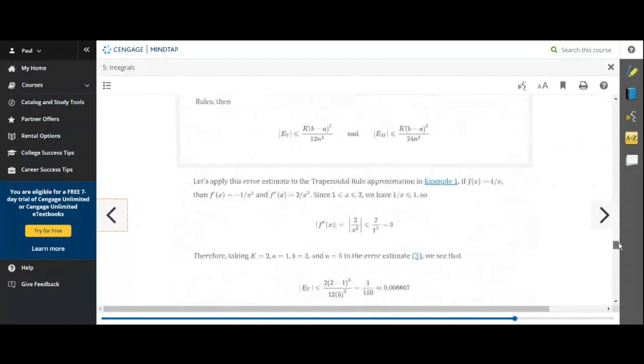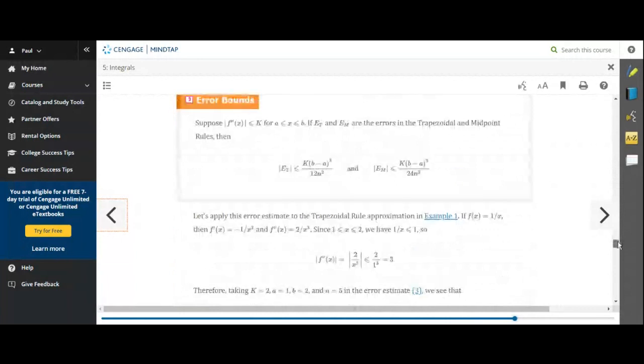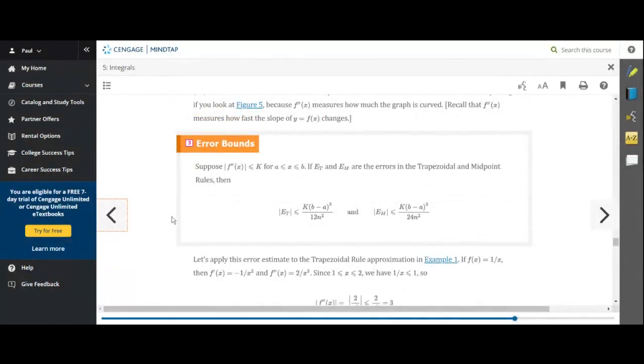The error-bound formulas are given in that section, and we won't probably have time to go over them completely, but we will on Thursday's class.